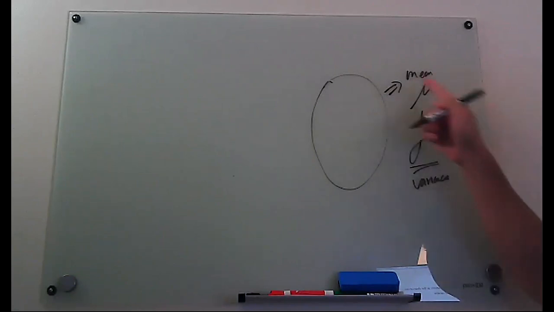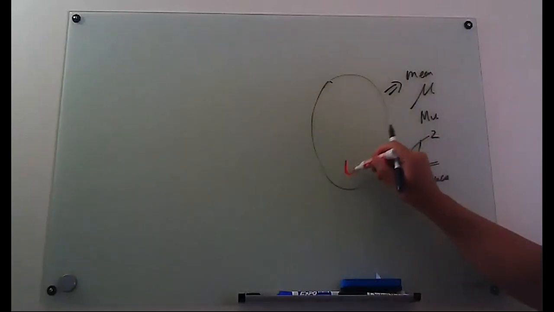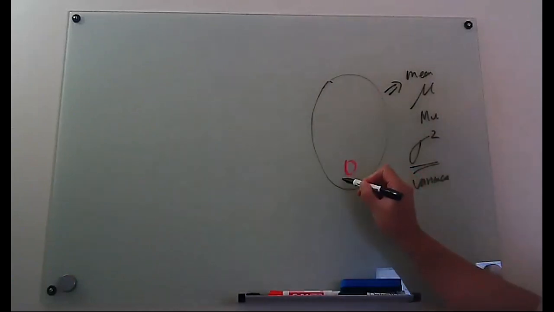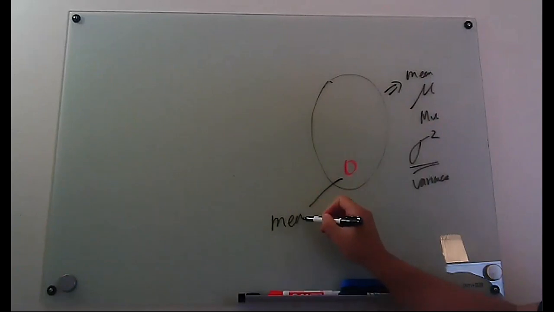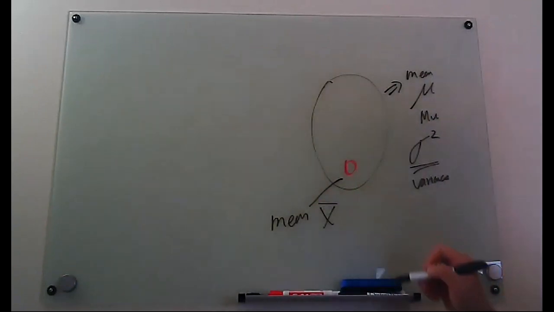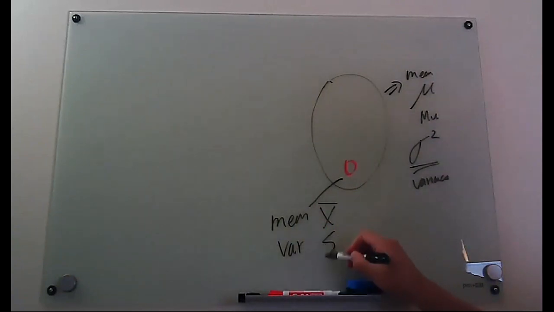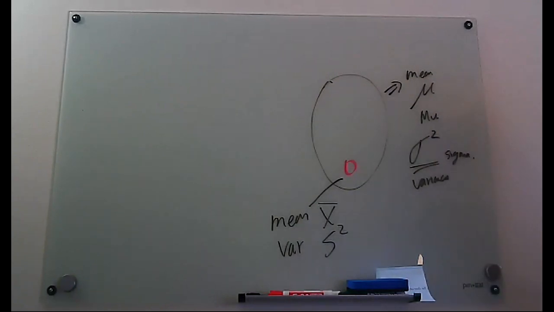But we cannot get the whole data set, so we use a very small fraction of it, say these numbers. Using this, we can get the mean, but the notation would be X bar. And the variance is the same concept, but it's going to be S squared instead of sigma squared. This is sigma, again a Greek letter. So that was the concept.